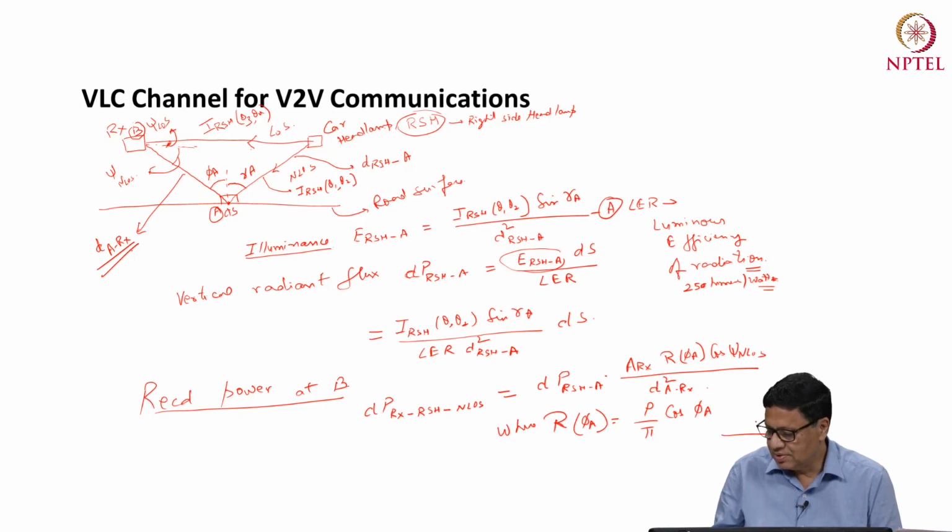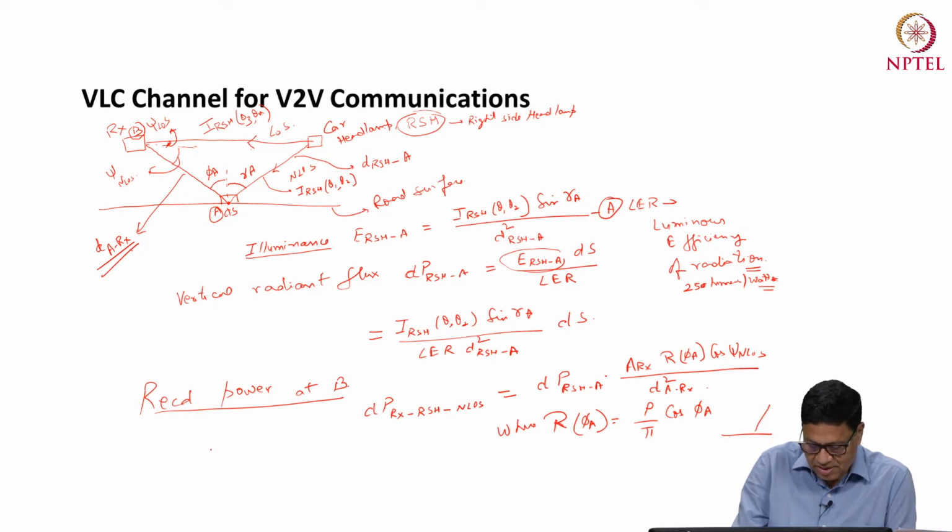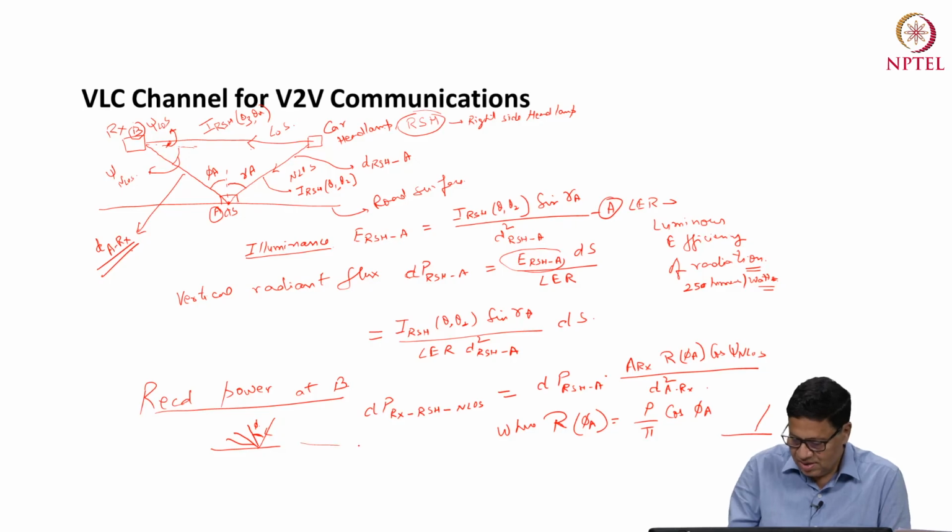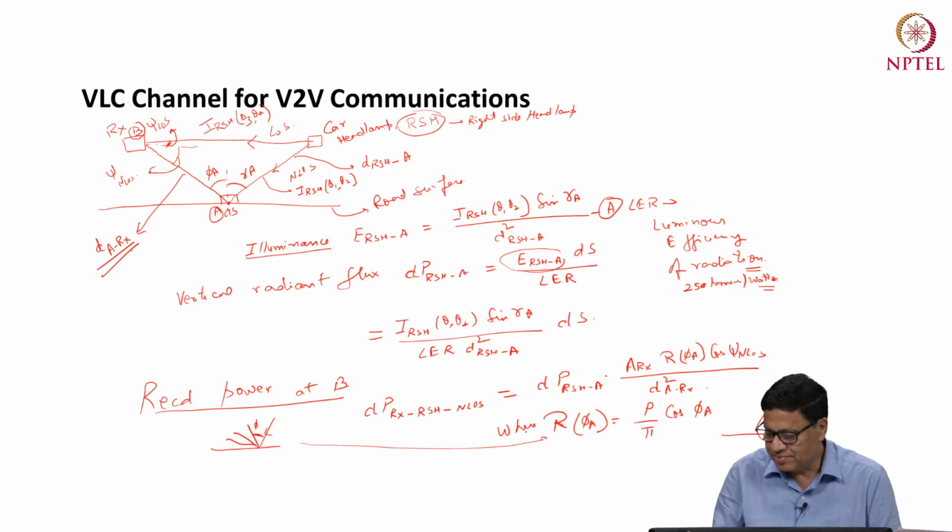You know, the light is falling here, light is falling like this, and it is getting scattered, and this angle is actually phi. So this is given by this coefficient R phi A is equal to rho, which is a diffuse constant or reflectivity constant, divided by pi into cos phi A, and this is a function of phi A.